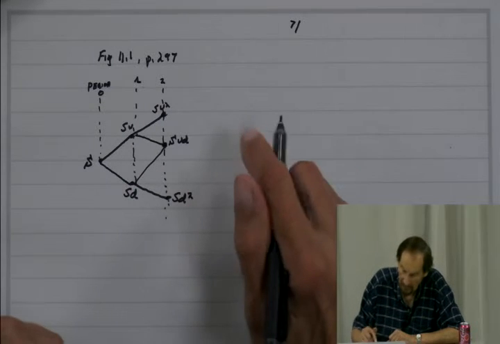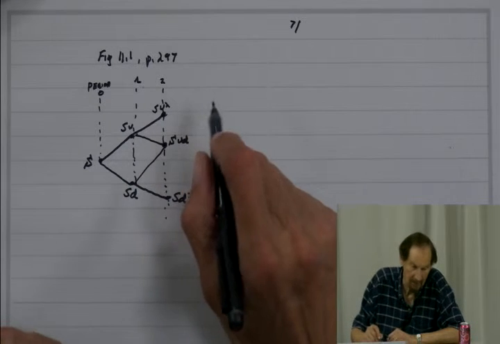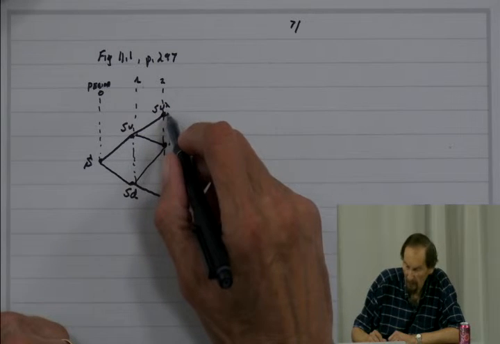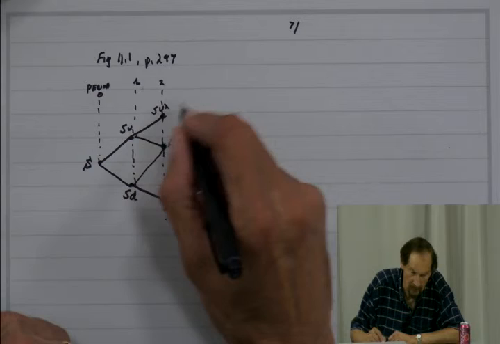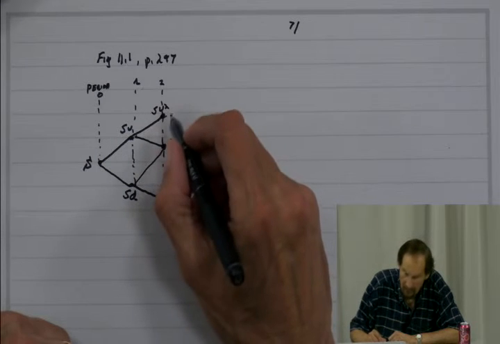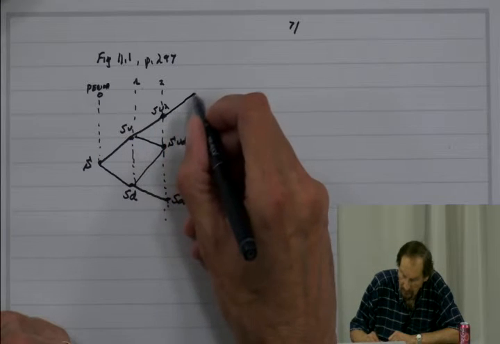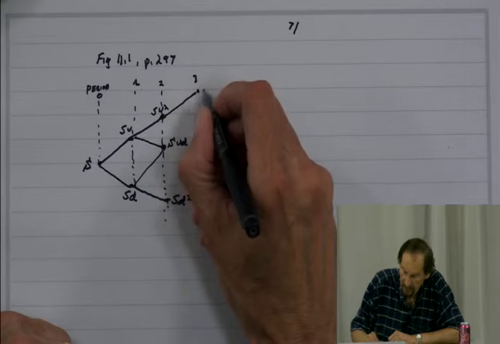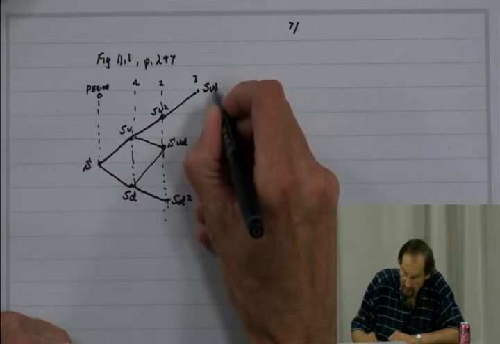Okay. Now, let's look at the next period. Again, we can go up again from that SU squared to SU cubed. So let's call this 3 here. SU cubed.